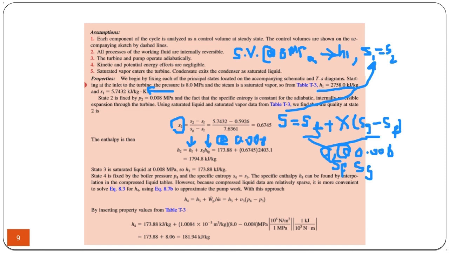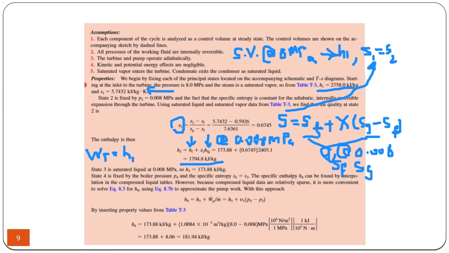So we calculate the enthalpy at the exit of the turbine. So we know the enthalpy at the inlet of the turbine and at the exit of the turbine, meaning that we can calculate the work in the turbine, because the work in the turbine is just the difference of the enthalpies. So it's just h1 minus h2.